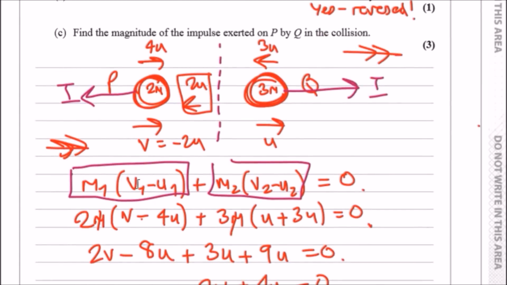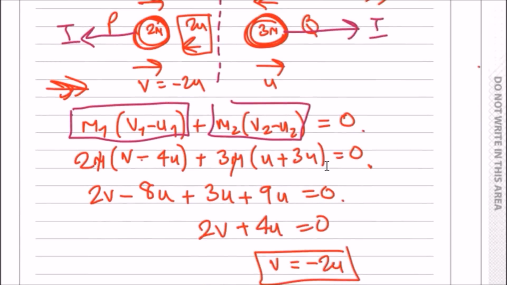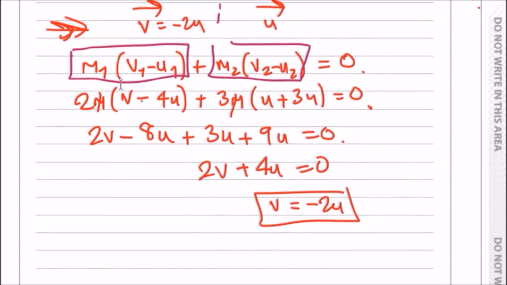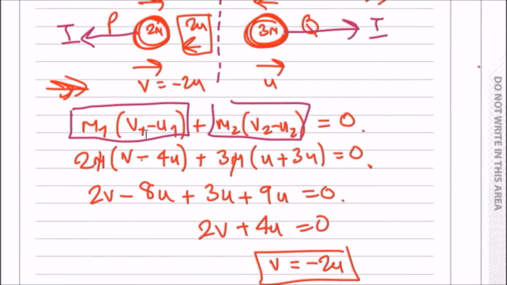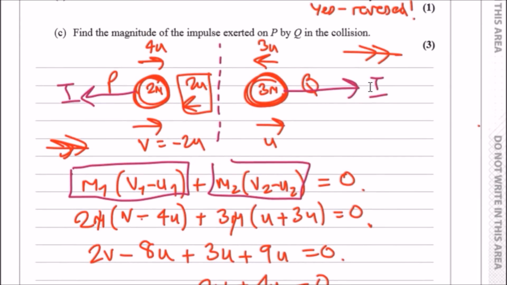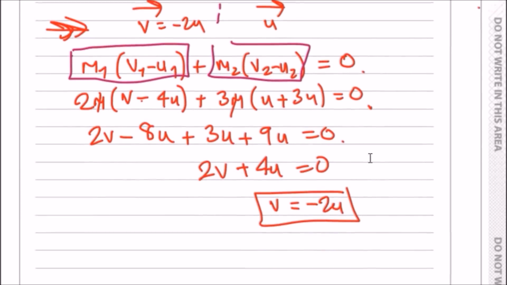So really, this entire formula is equal to I, both of them. Whatever result you get from this one, you've practically found your impulse. In this case it says exerted on P by Q. They should both give you the same result because I plus minus I should give you 0.